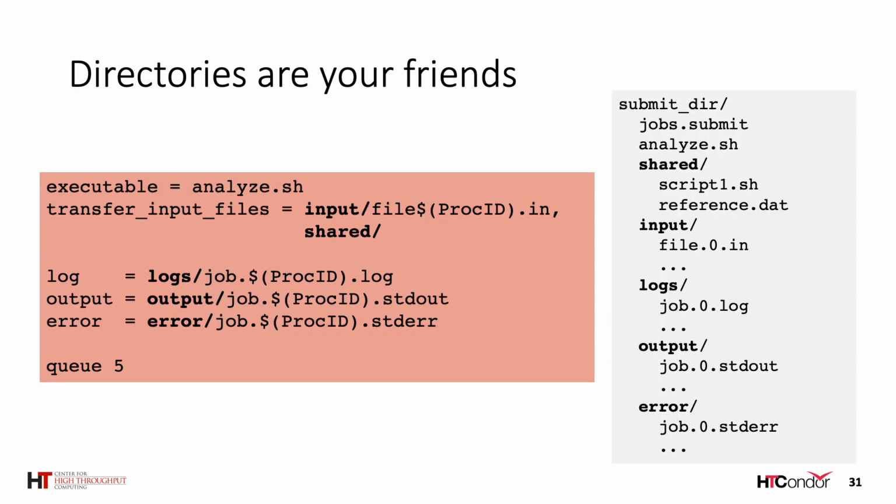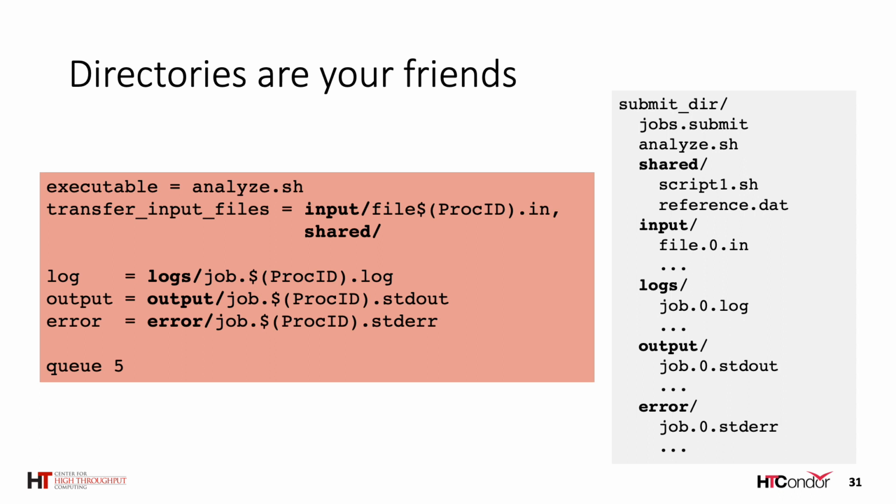So first, subdirectories are definitely your friends. You want to have some kind of structure. A lot of the submit file options, including transfer input files, log, output, and error, can use paths. So you can direct, say, the log or standard out or standard error files into their own subdirectories. You can put input files in their own subdirectory.